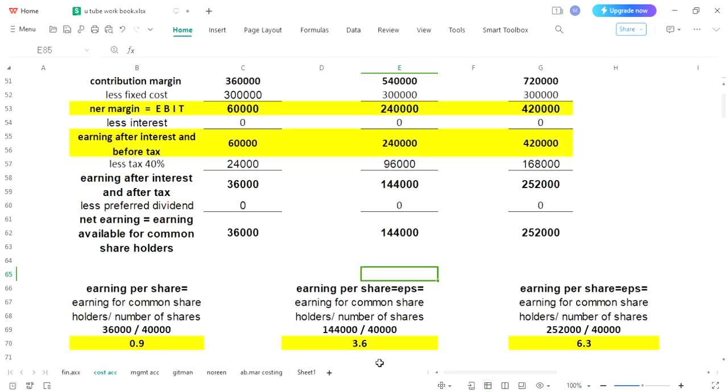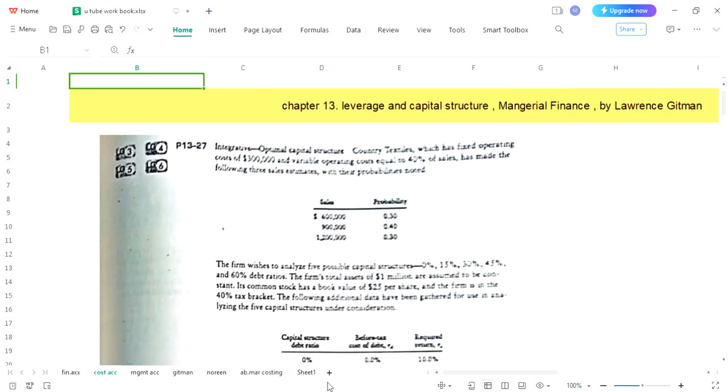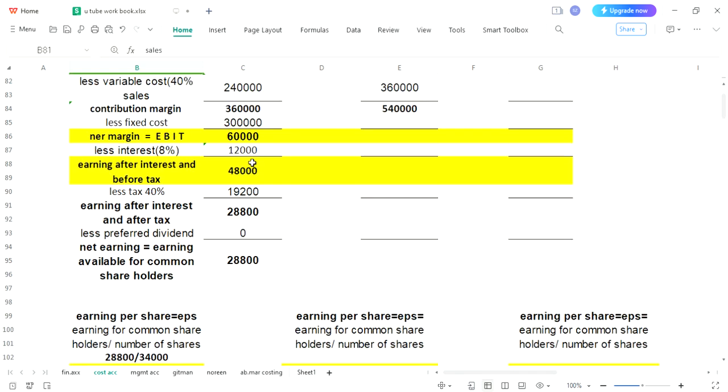Fixed cost, as earlier it has been described, this 3 lakh is your fixed cost. It would not be altered, remains same, and you will put 3 lakh over here. After which we are open to calculate our EBIT by subtracting fixed cost from contribution margin. 540,000 contribution margin, subtract fixed cost, and we have got our EBIT.